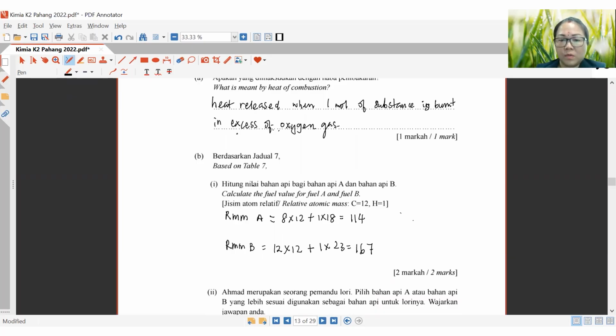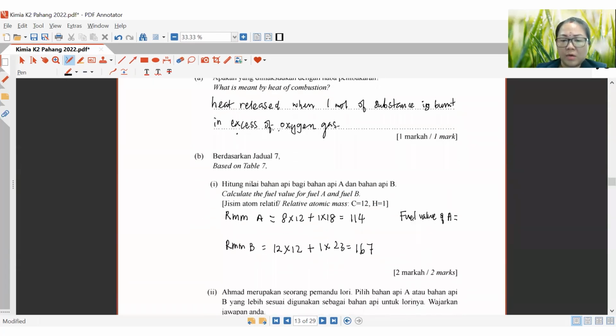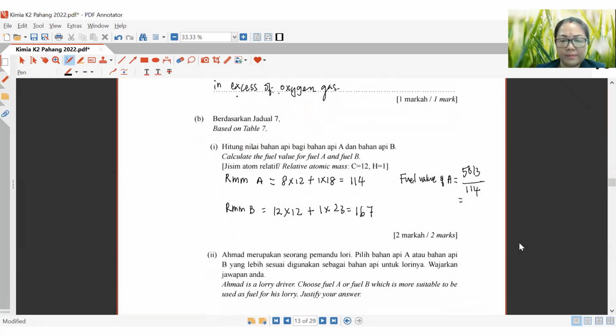So the fuel value of A is equal to 5013 divided by 114, and then you will get 43.97 kilojoule per gram.